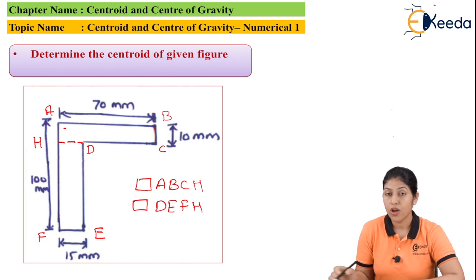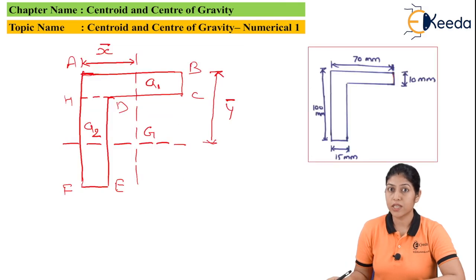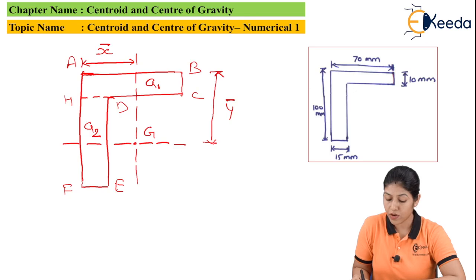So let's draw the coordinate point for the centroid. This is our lamina, and here we are taking the position of the centroid at point G. Let us consider this is the position of the centroid. This G represents the location of the centroid on the basis of the rectangular laminas ABCH and DEFH. And here we will mark the coordinate point from the x-axis and from the y-axis.